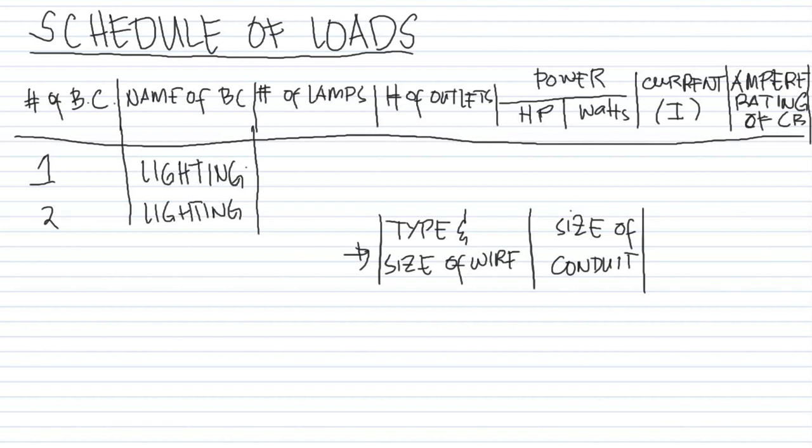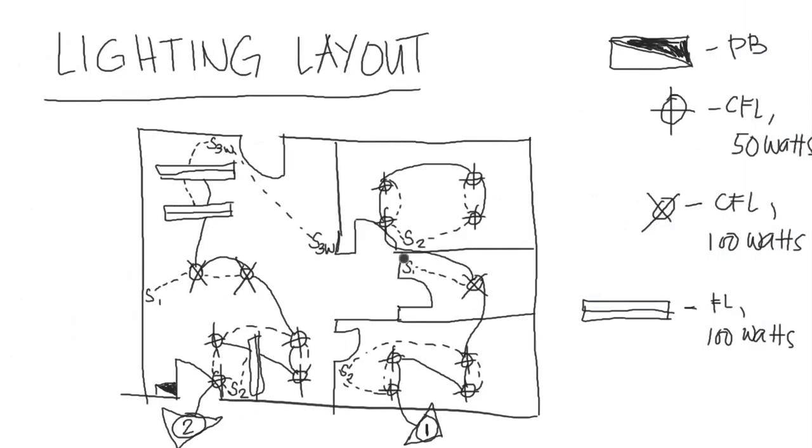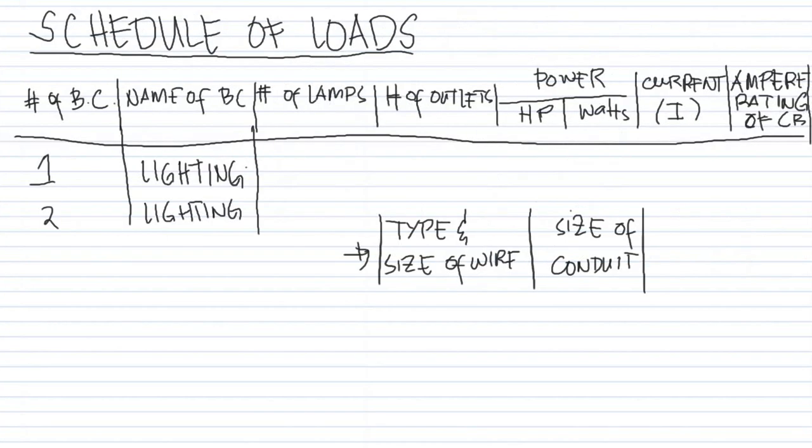Number of lamps, meaning how many lamps are there. So let's go back to the lighting layout. For the circuit breaker number 1, there are 1, 2, 3, 4, 5, 6, 7, 8 50-watt lamps and one 100-watt lamp. The number of outlets for the lighting is the receptacles.